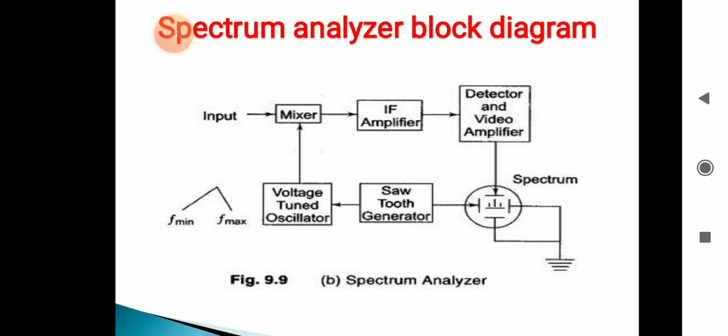Third point, the sawtooth generator provides the sawtooth voltage, which drives the horizontal axis element of the scope. Fourth point, the sawtooth signal is also applied to the voltage tuned local oscillator, which acts as the frequency controlled element.